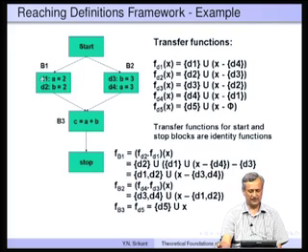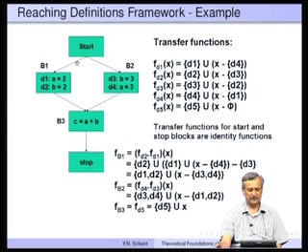The definitions generated by d1 are d1 union x minus d4. Why? D1 is defining A, so it kills all statements which are defining A. D4 is a definition for A, so that will be killed by D1, that is why the kill constant is D4.